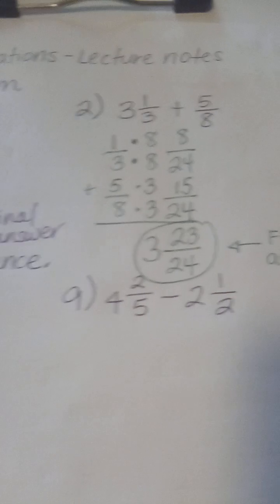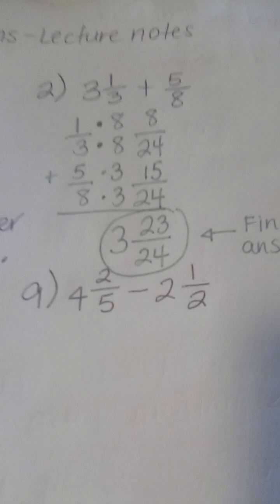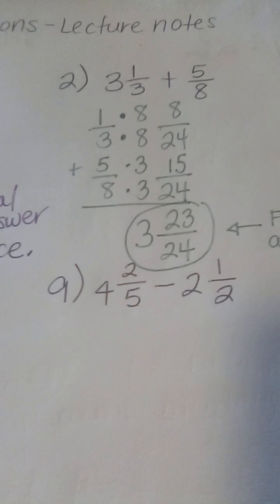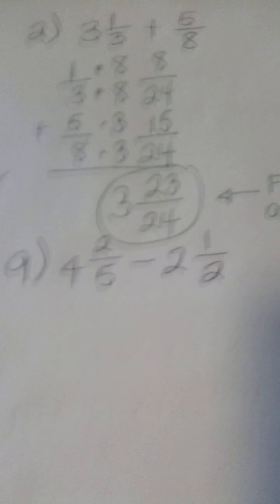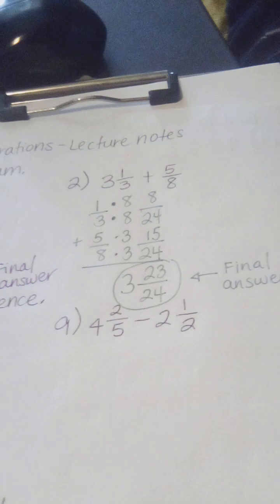So that wasn't too bad, right? That's the difference between two mixed numbers and one mixed number and a regular fraction. So before we go any further, any more questions that you need answered? Any questions on this problem? So that wasn't too bad, right?